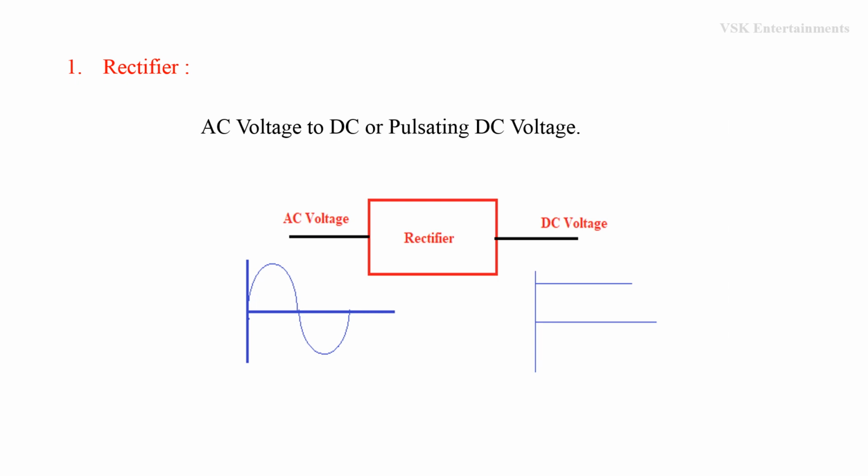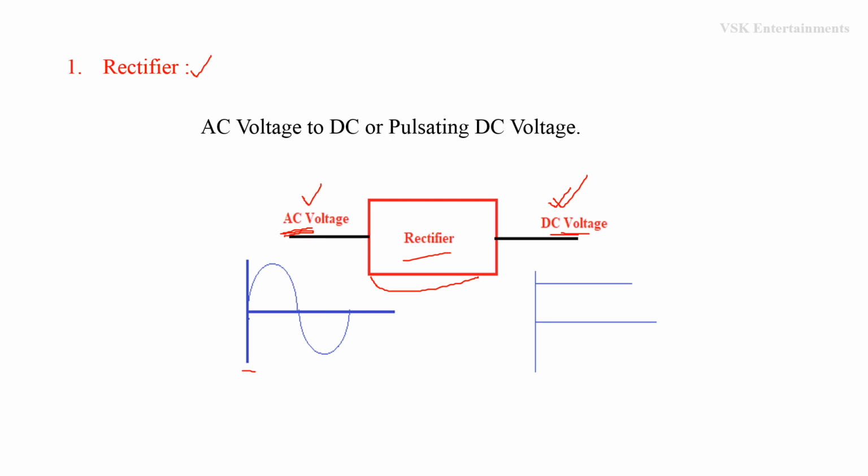Coming to the first one, that is the rectifier. A rectifier is a circuit which converts AC voltage to DC voltage or pulsating DC voltage. For this circuit, we apply the AC voltage as input. Then we get the DC voltage or pulsating DC voltage as the output.